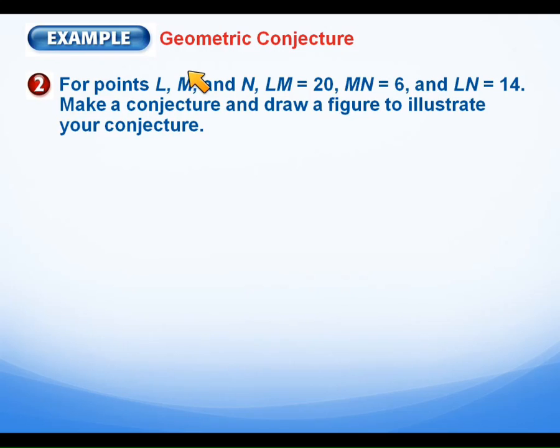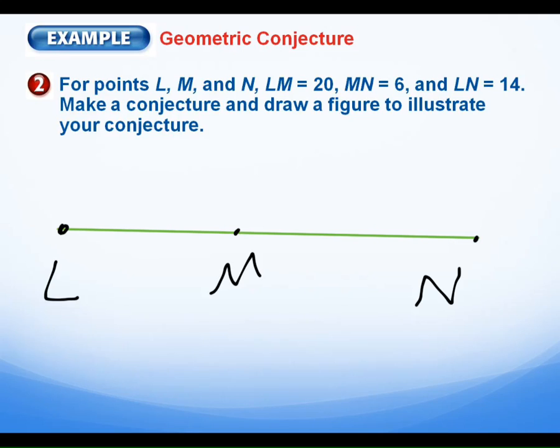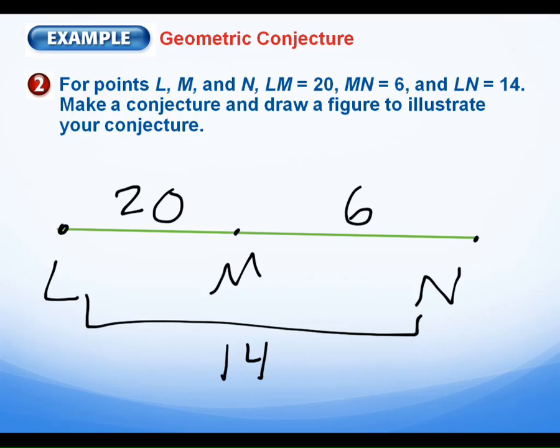So here, this is a similar problem we had on the last test. For L, M, and N, from L to M is 20, M to N is 6, and L to N is 14. So if I had a line with L, M, and N, and it says from L to M is 20, from M to N is 6, and from L to N is 14. Make a conjecture and draw a figure to illustrate your conjecture.